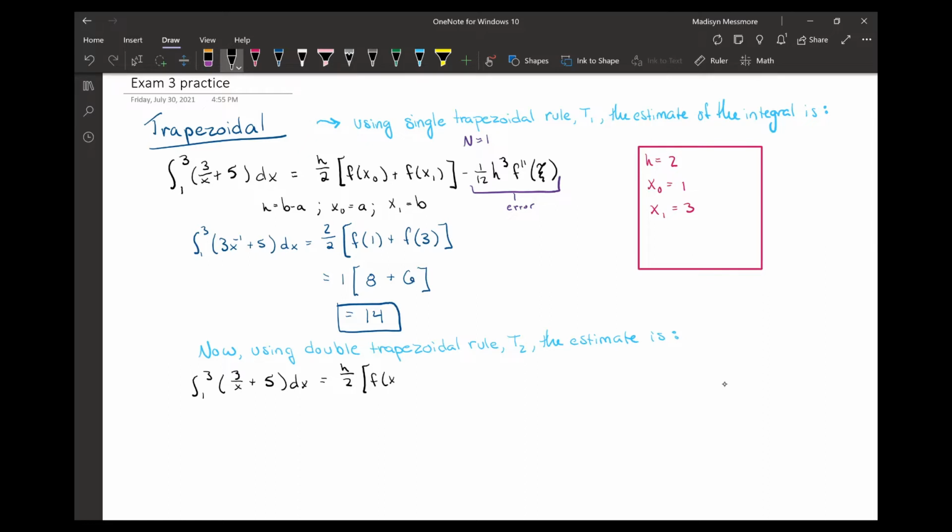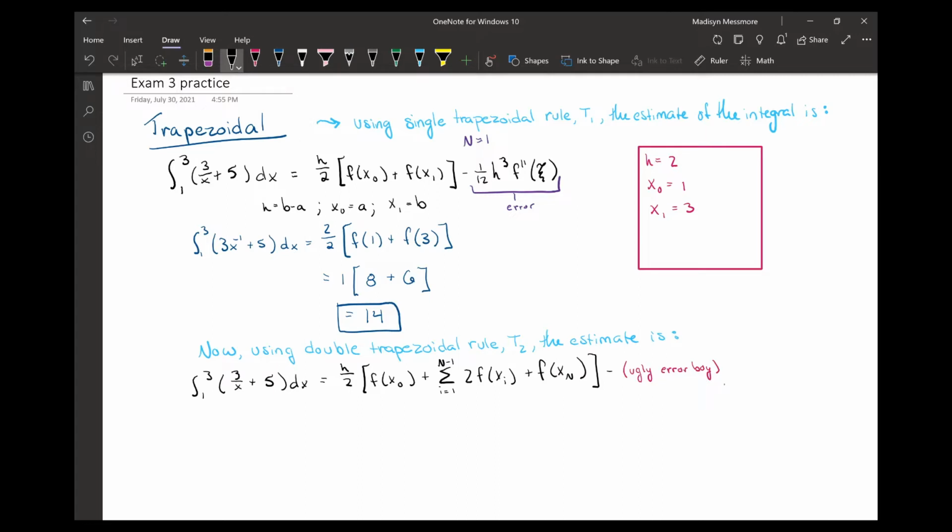times f of x sub naught plus the summation from i equals 1 to n minus 1 of 2 times f of x sub i, plus f of x sub n, minus the ugly error term that we're not going to write out because I'm too lazy to write it out.